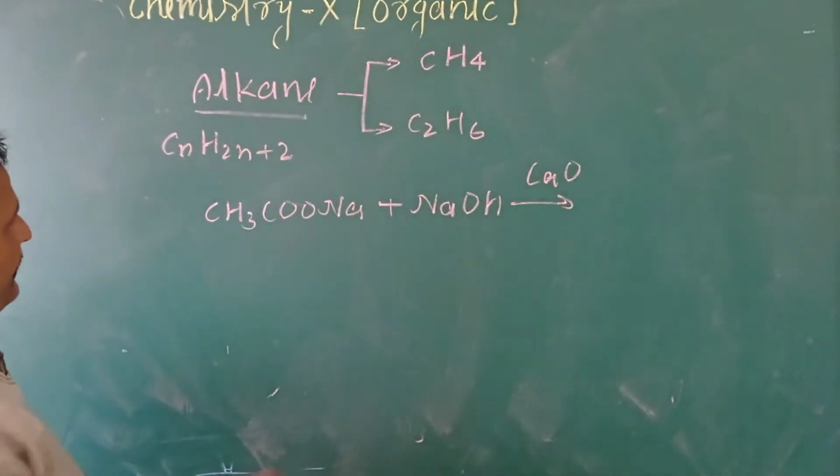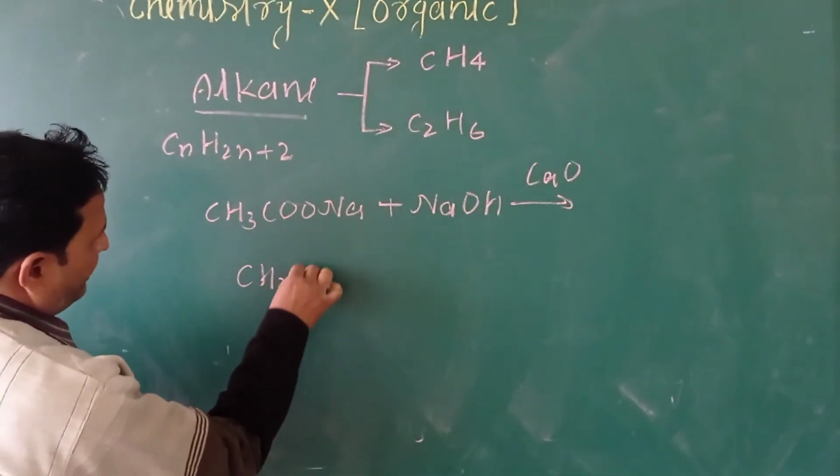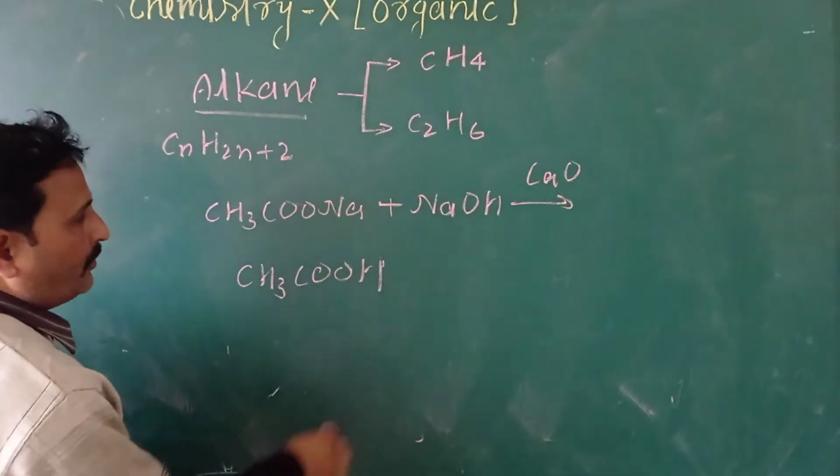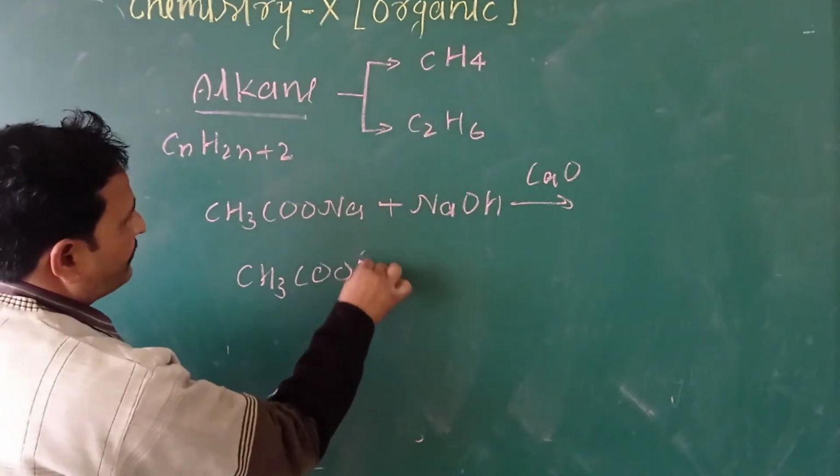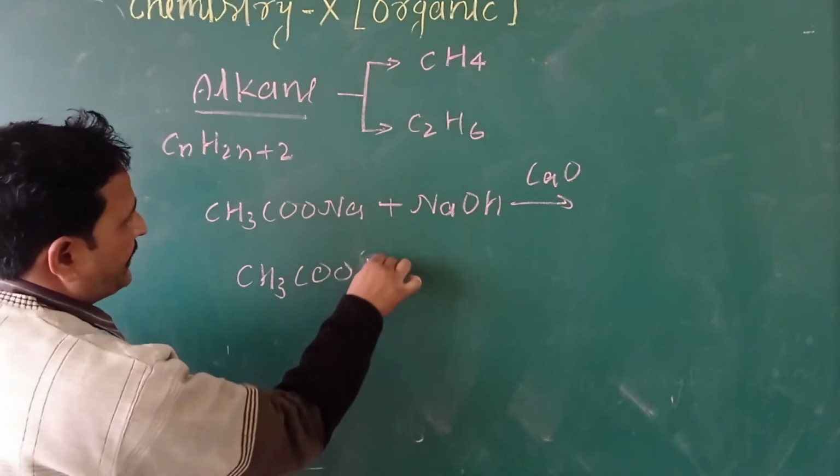Sodium acetate: this is acetic acid, CH3COOH, remove H to get sodium acetate; if K, potassium acetate.